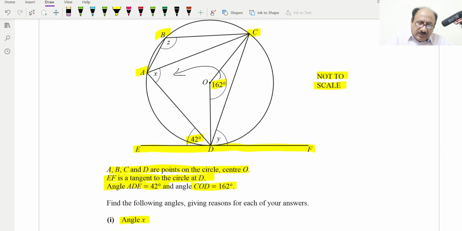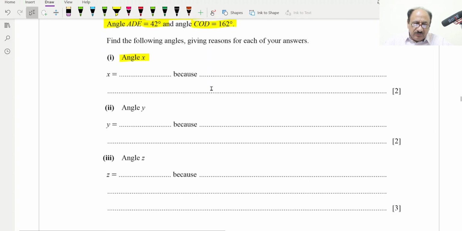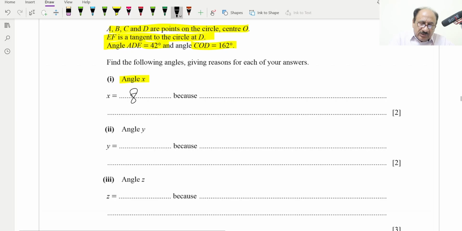So we will write here 81 degrees. This will be in reference to 162. So our answer will be over here. This will be 81 degrees. And why are we writing 81 degrees?